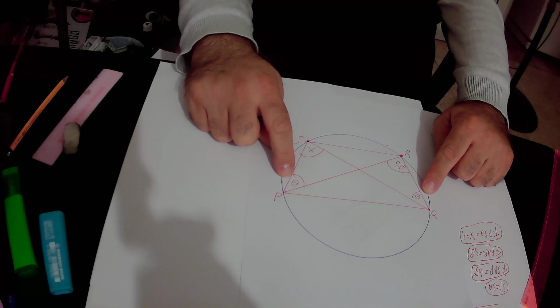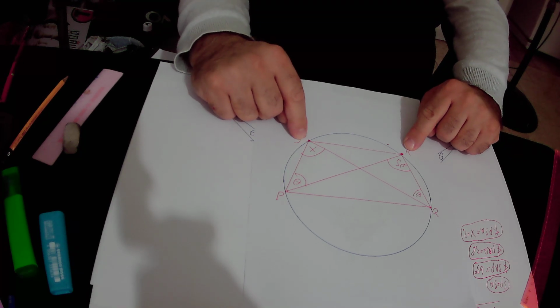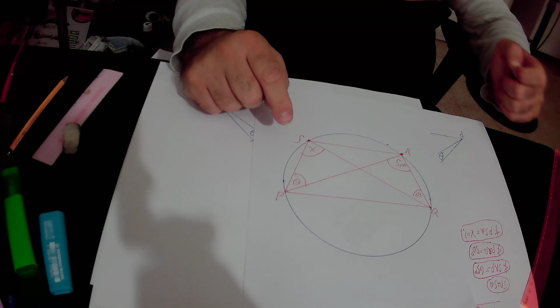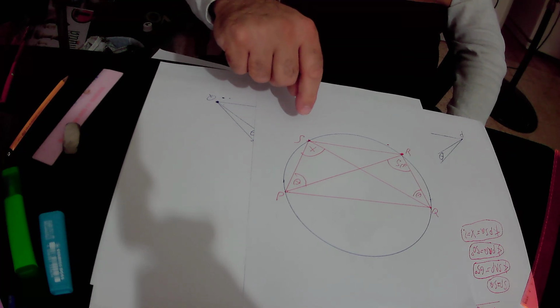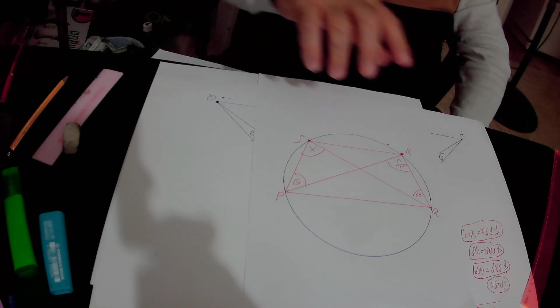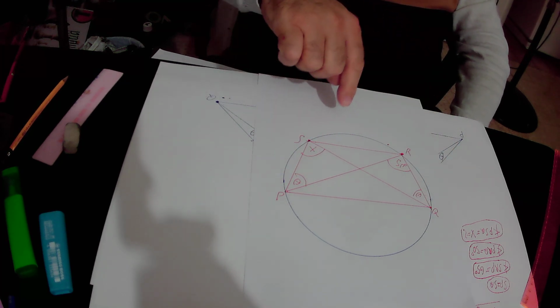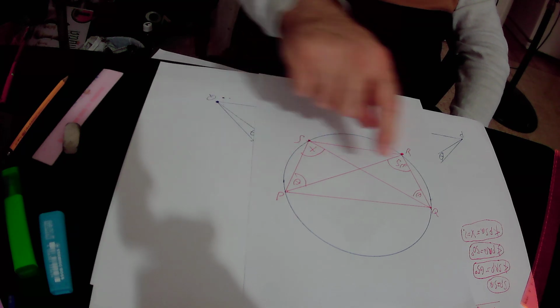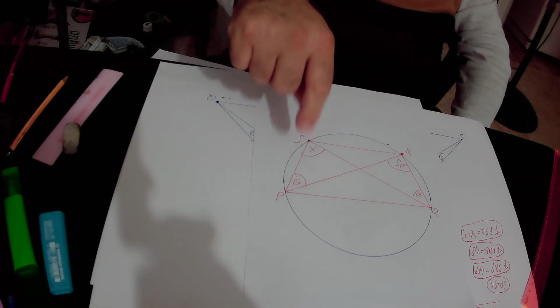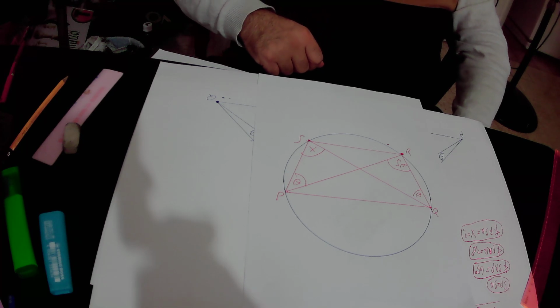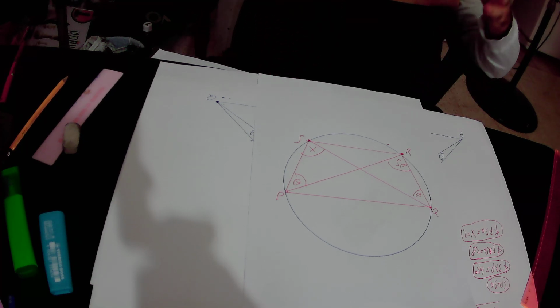Both of them are equal to theta, and those two angles subtend on the same segment line SR. Therefore, according to rule number 2, the quadrilateral SRPQ is inscribed by the blue circle, and points S, R, P, and Q lie on this blue circle. Okay? This is the implementation of rule number 2 in our drawing.